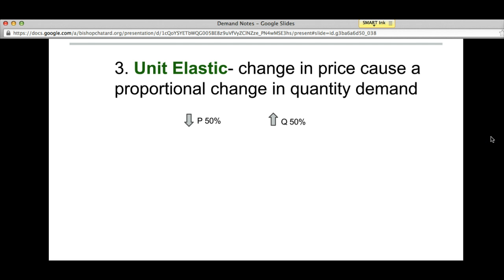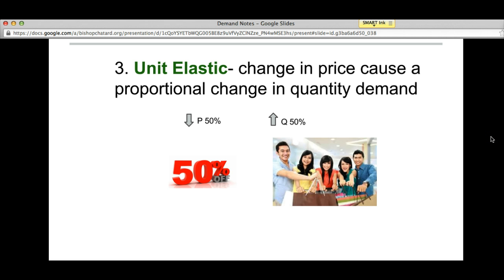Quantity demanded goes up by exactly 50%. It's proportional. A 50% drop in price will cause a 50% increase in quantity, a 50% increase in the number of people in there. So you have that 50% off sale, and you have 5 more people than you normally have. It's going to be exactly proportional. You drop it 50%, you're going to see 50% more people in your store.